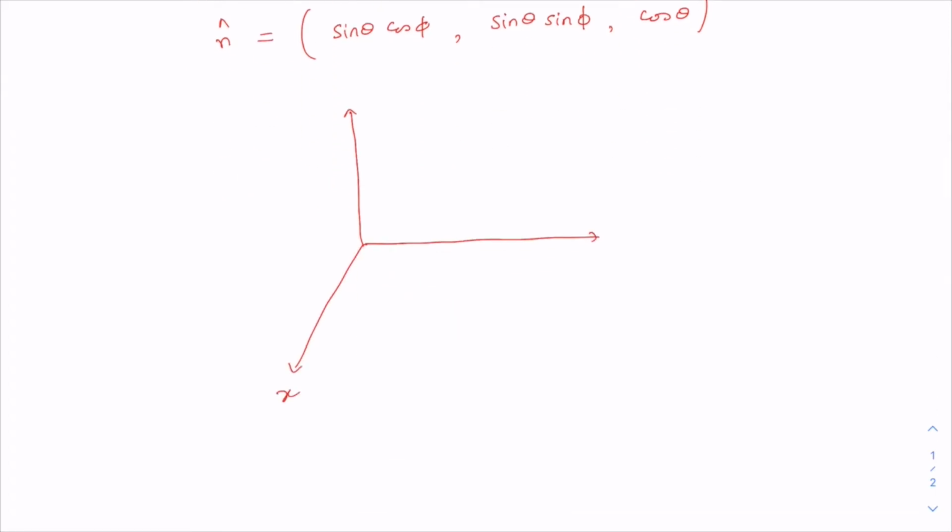This is my x-axis, this is y, and this is z. Any arbitrary direction n cap is defined by this angle theta, and this angle phi. I am sure all of you know I am just talking about spherical polar coordinates here. So what about the Pauli matrix along this direction?